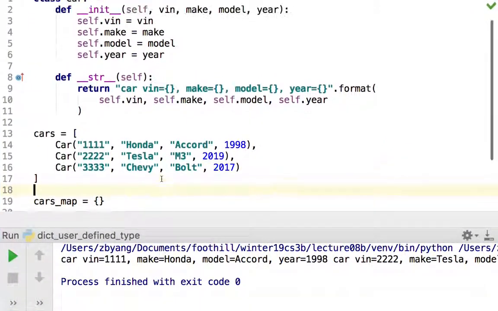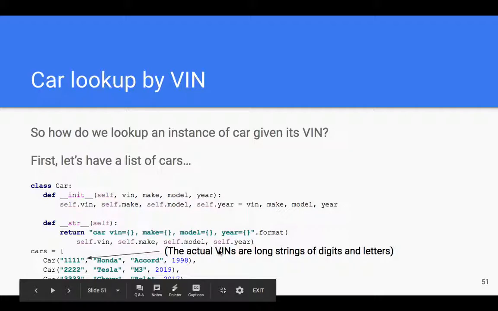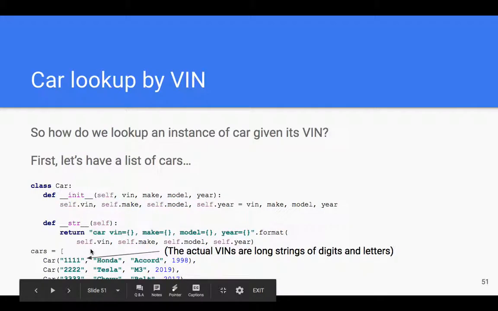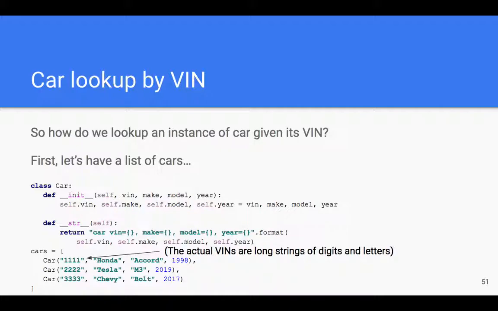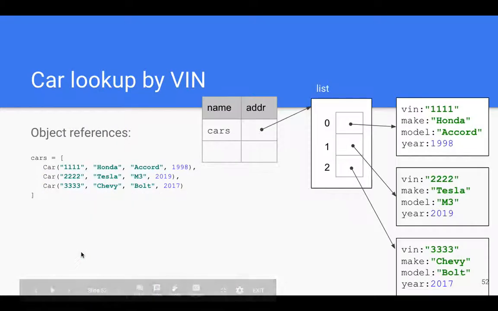One thing I just want to say is the actual VIN numbers are really long, with digits and letters, but I don't really care to type a real VIN in here. So I just use a string with some unique numbers.